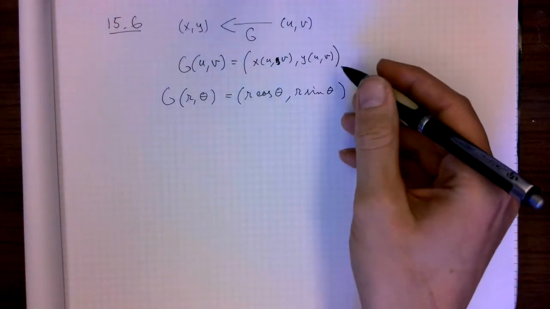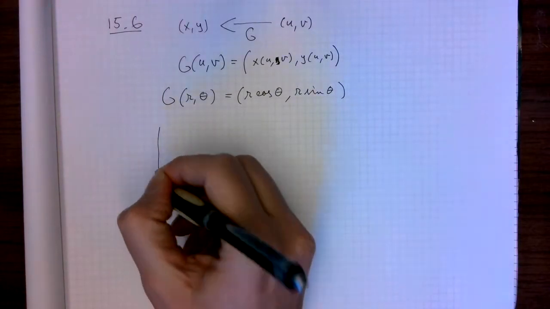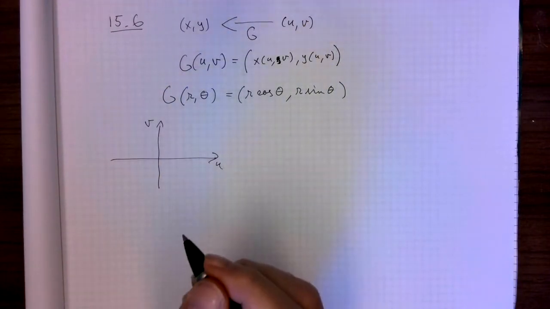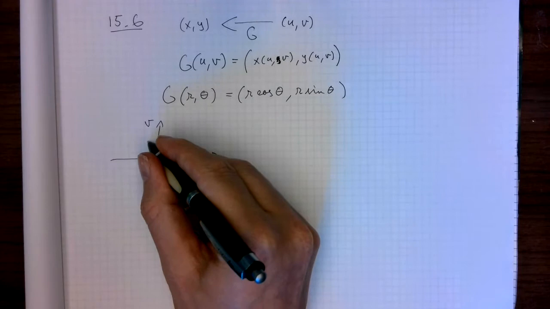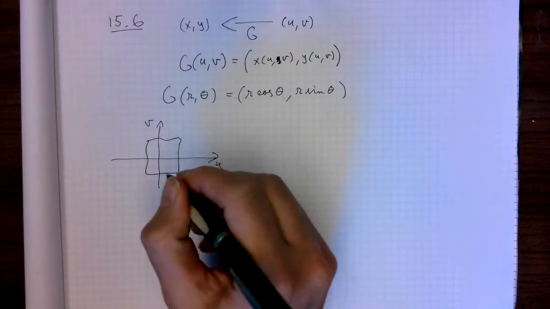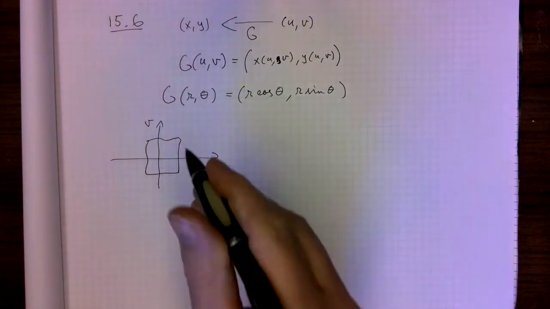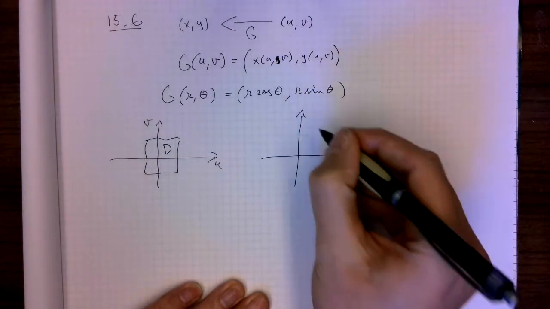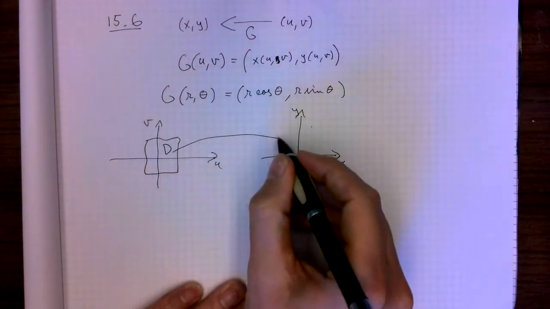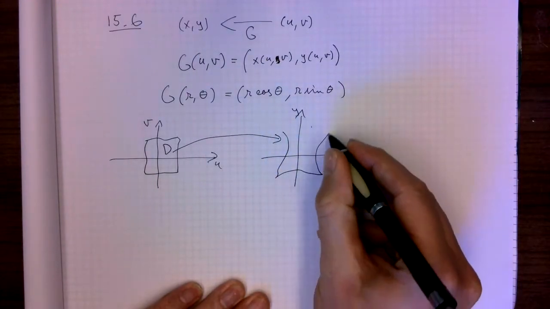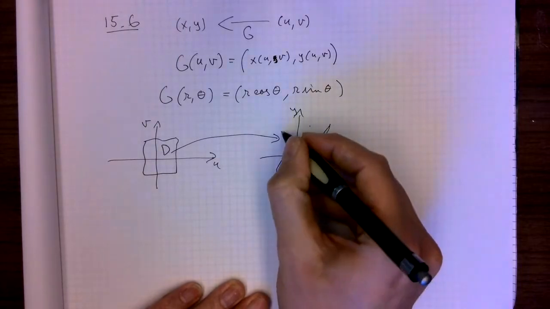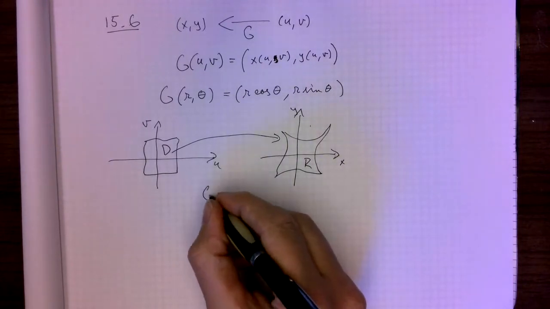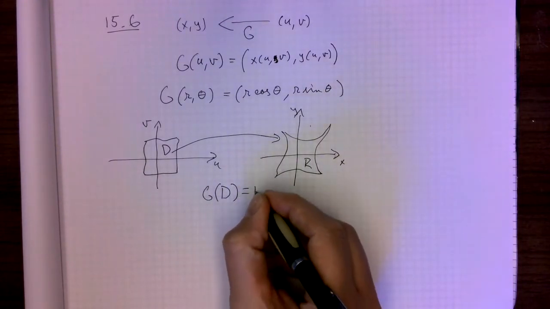Really what you want to figure out is, if I have something in the uv coordinates, some region over here, and I'll call this D, then in the xy coordinates, this is going to get taken to some maybe more complicated, maybe less complicated region R. And the way we write that is that g of D is equal to R.